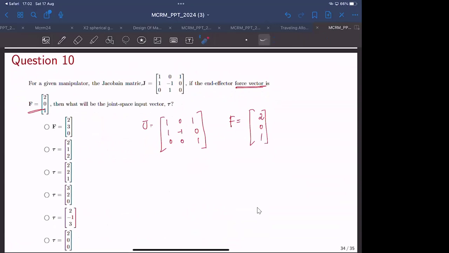So what does the question say? For a given manipulator, the Jacobian matrix is given as so. If the end effector force vector is so, then what will be the joint space input vector?